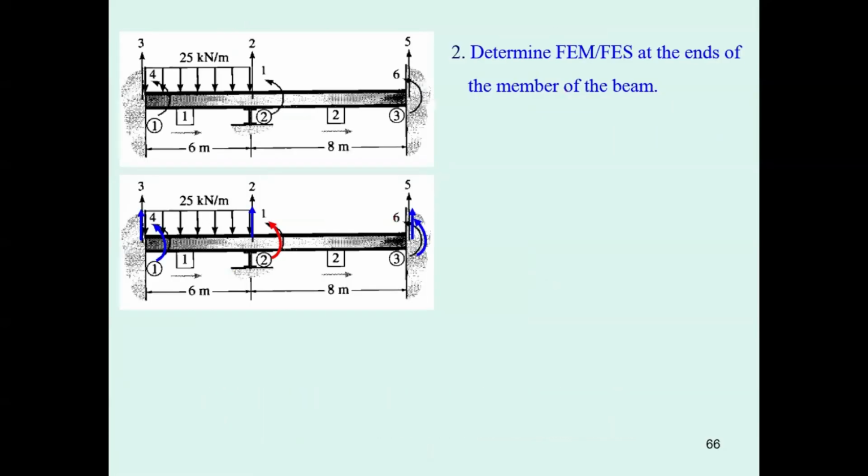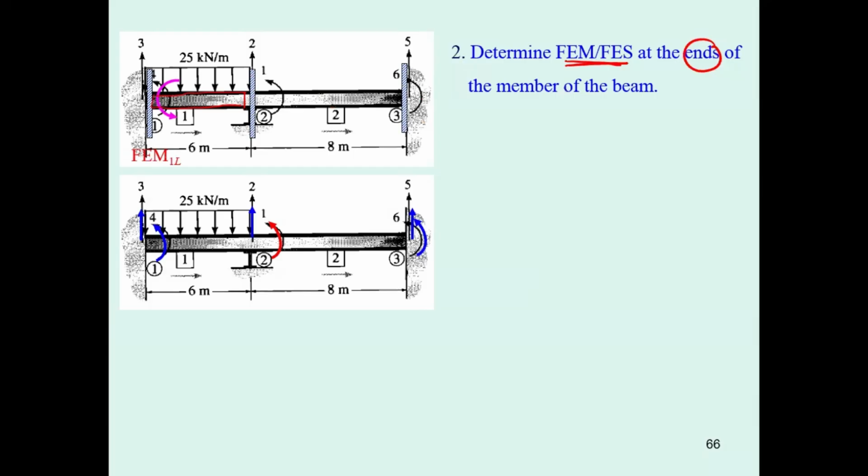On the second step, you have to determine the fixed end moment and fixed end shear at the ends of the member. Again, follow this member. You will have a fixed end moment and fixed end shear. However, member number 2, you don't have it. Then you can determine the fixed end moment.